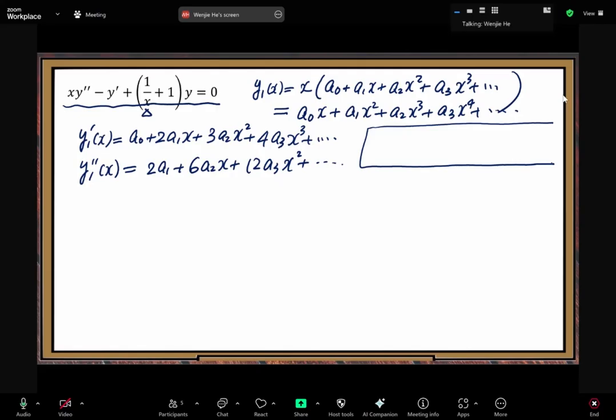So we want to use this form: x squared y double prime minus x y prime plus, you can write in this order.